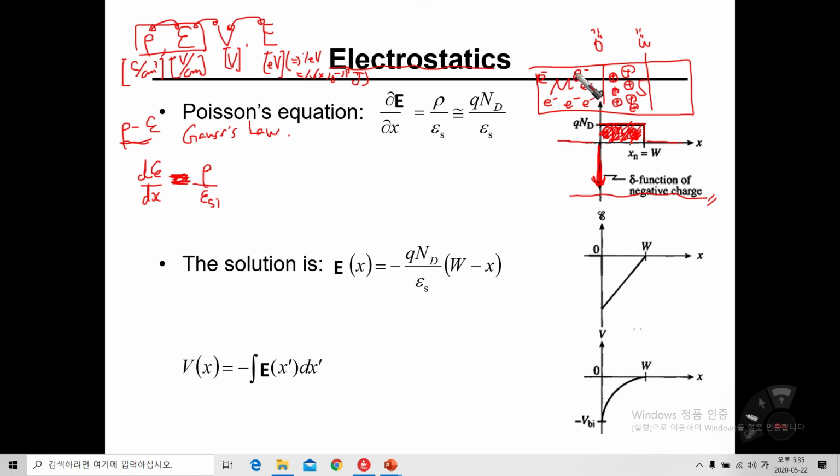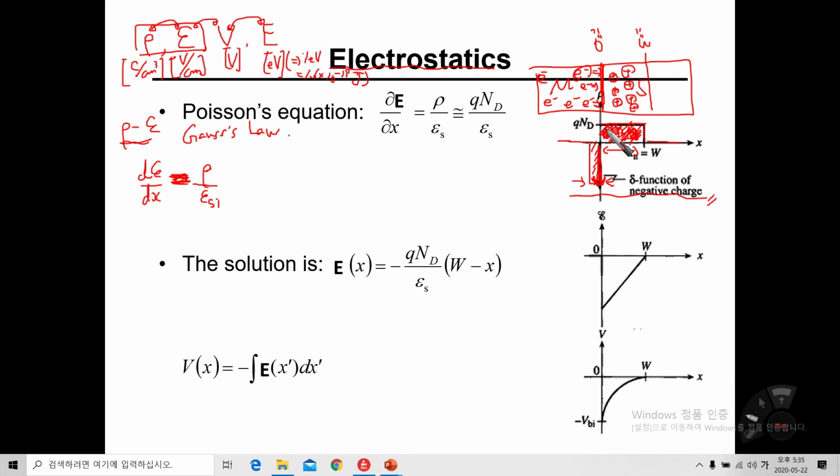So many electrons would like to move toward the interface at x of 0, and many electrons would form a certain layer. However, this thickness is much thinner than the depletion layer's thickness. So mathematically, we can use a delta function.